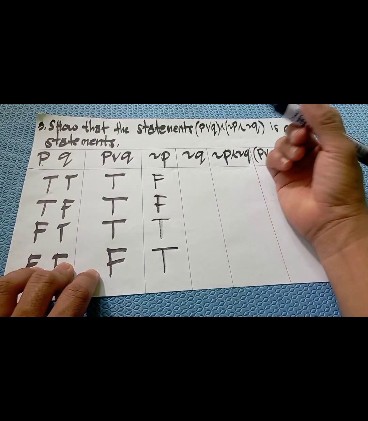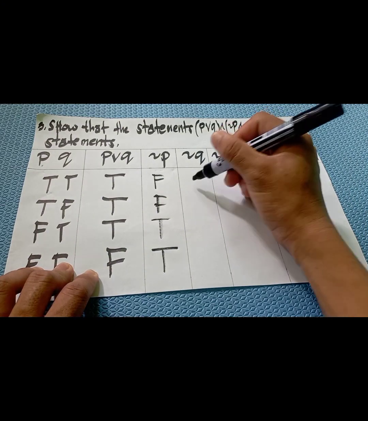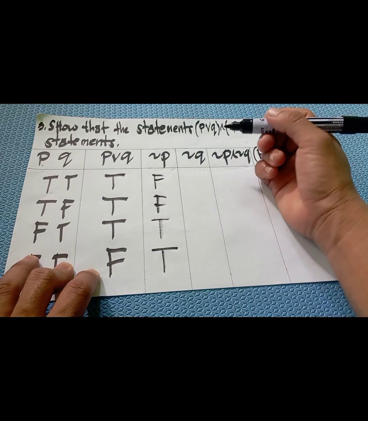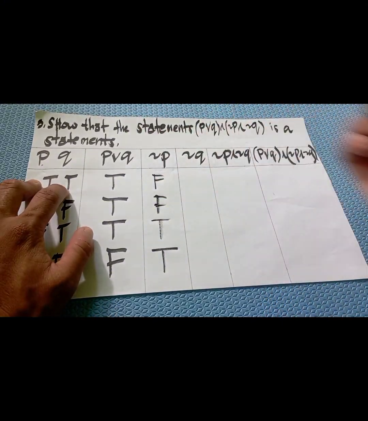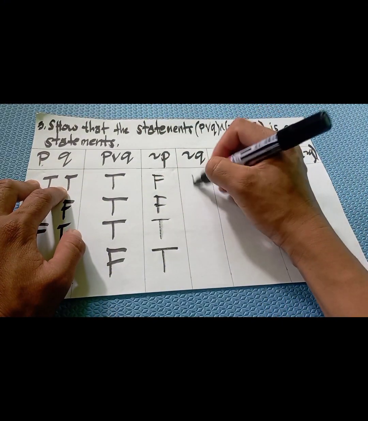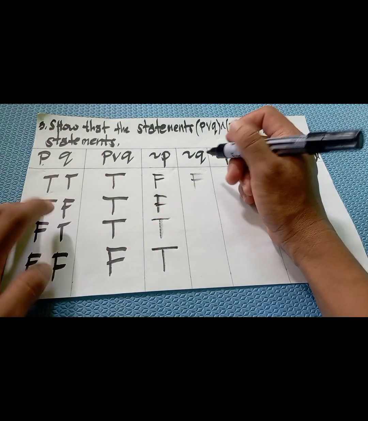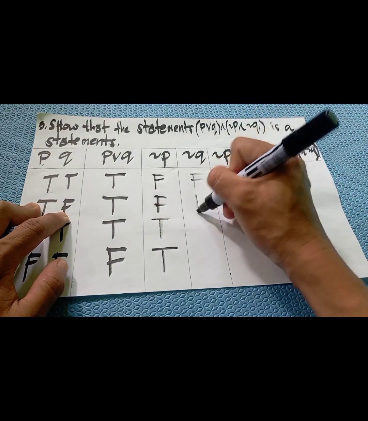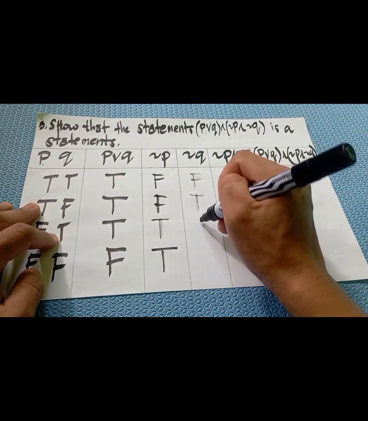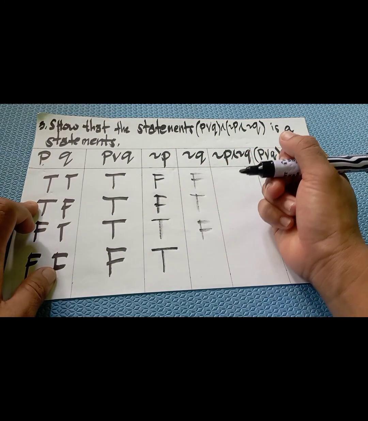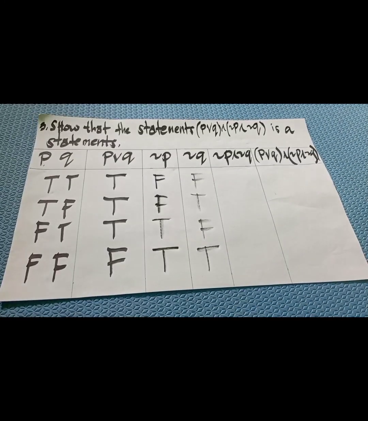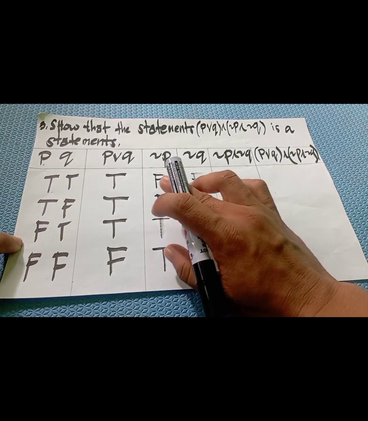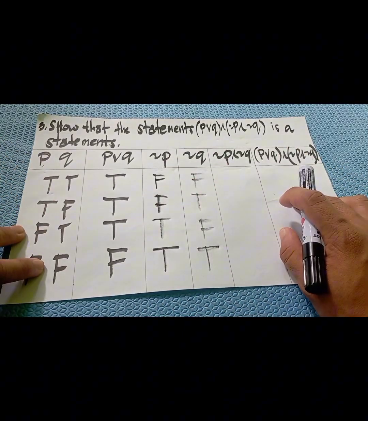And the same applies to the not Q statement, from the Q statement: true to false, false to true, and true to false, and false to true. Now we have taken the opposite value of the column.